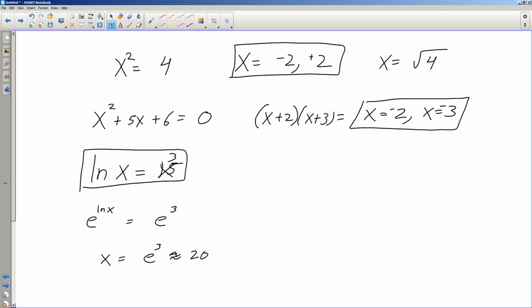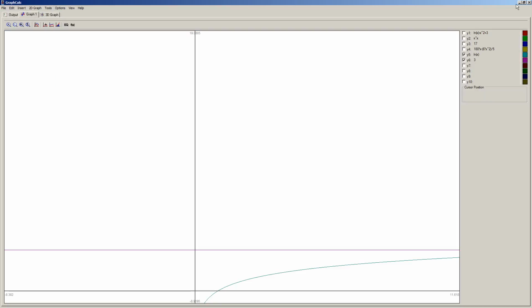Simple enough. All right, let me ask you this question. Let's suppose that we look at something like this: x raised to the x power is equal to, let's say, 4. What is the value of x?